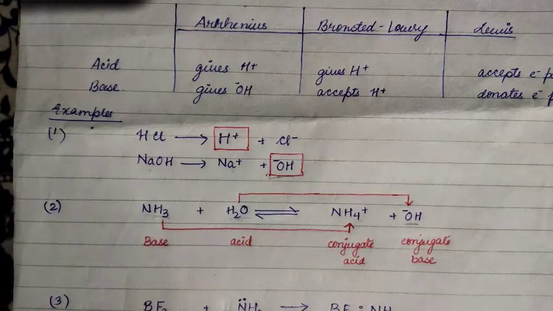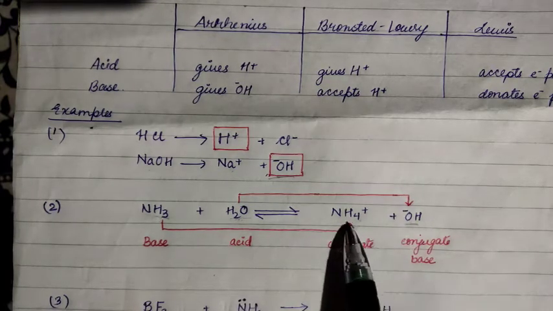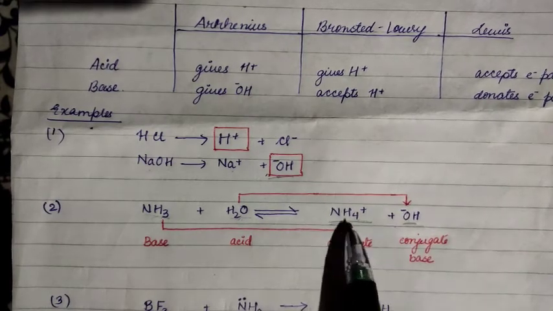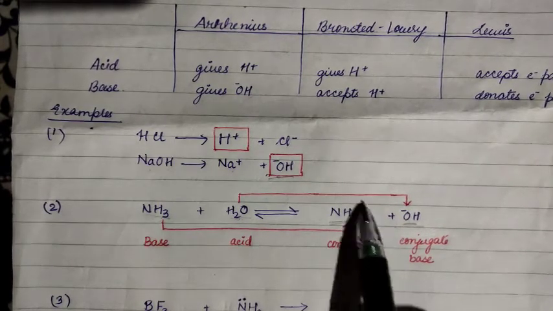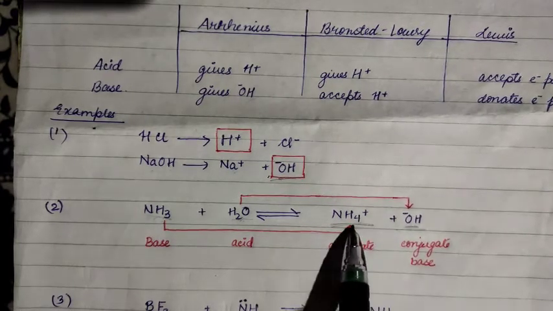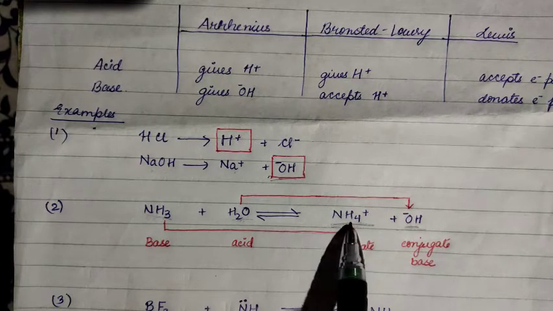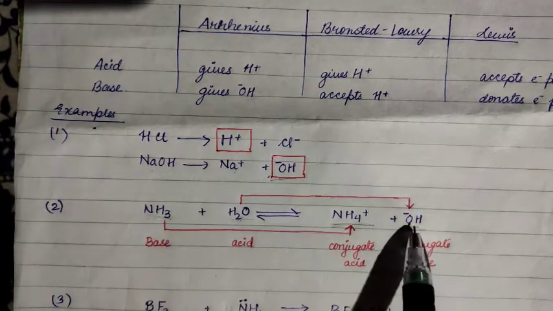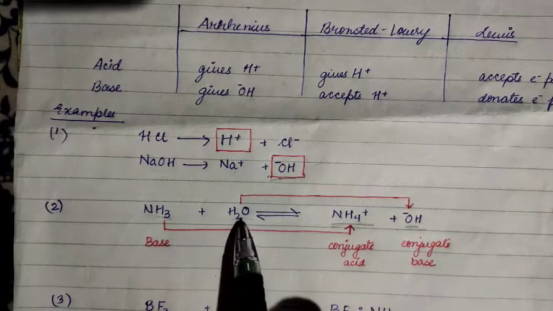Now, there is another way of looking at the equilibrium that you know already: we can look in the backward direction, in the backward reaction. If you consider these two as the reactants, NH4 positive, the ammonium ion, and OH negative, then NH4 is becoming NH3 and OH is becoming H2O.